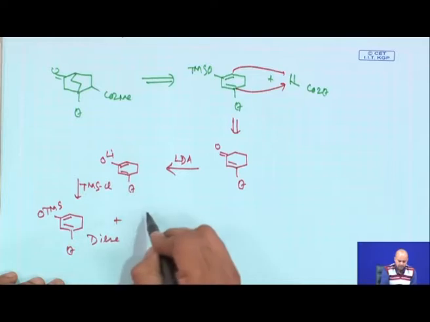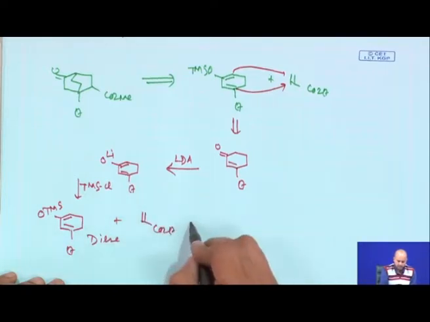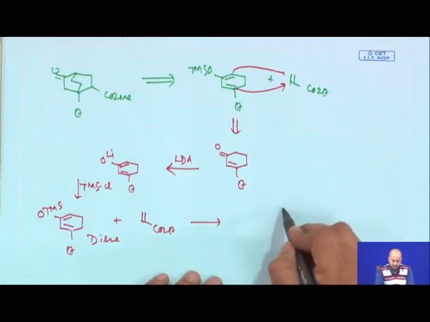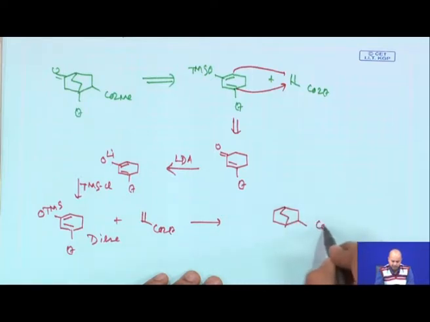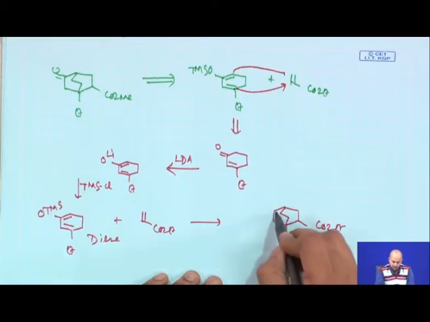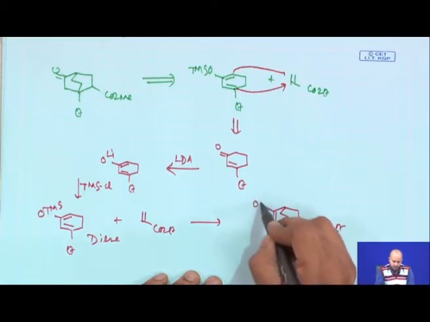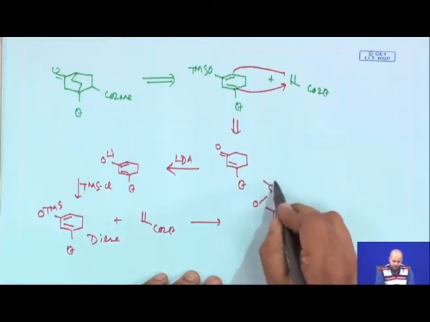Now you react with ethyl acrylate in 4+2 fashion. So, eventually what will we get? The bridged structure we will write in this fashion: you get this CO2Et, you get this ethyl, and you get a double bond with this OSiMe3.